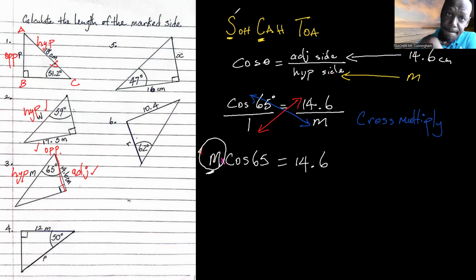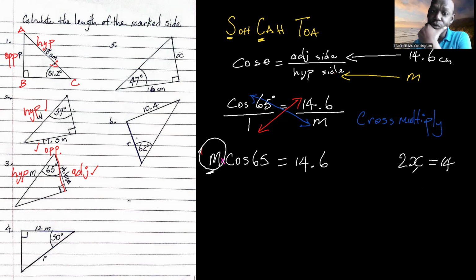Kishon, you're finding for M, so what are you going to do? No, try again. One more try. Remember when we were talking about 2x equals 14, what we did?